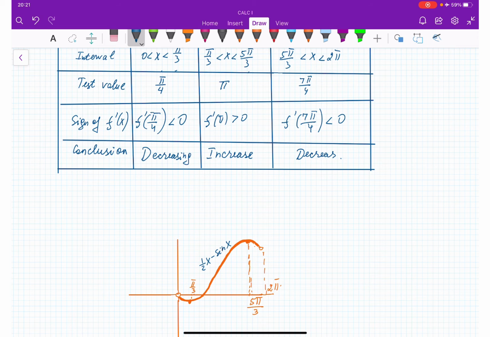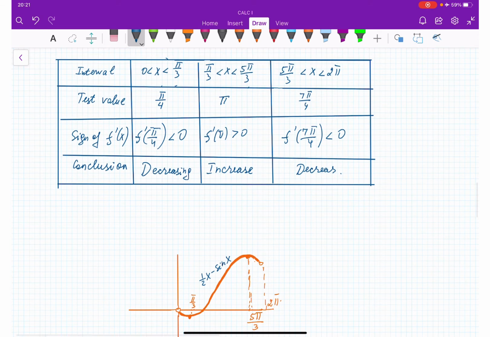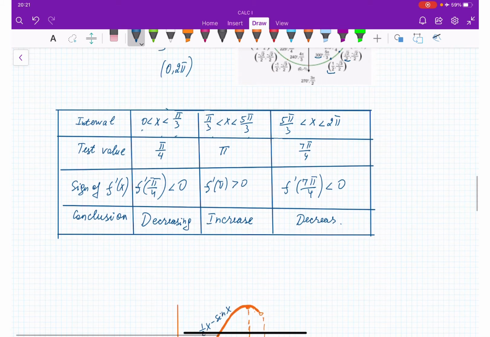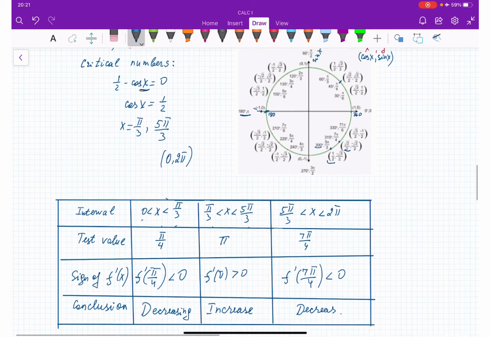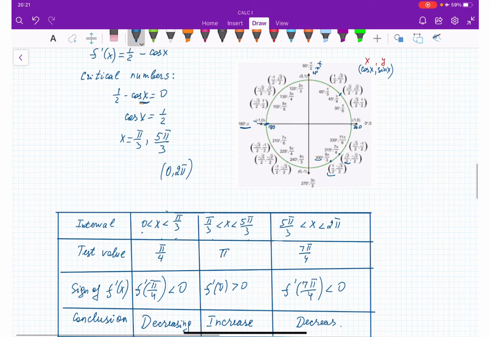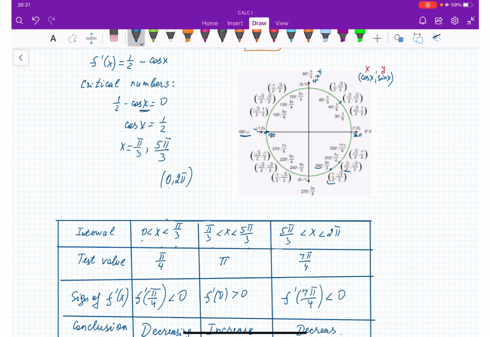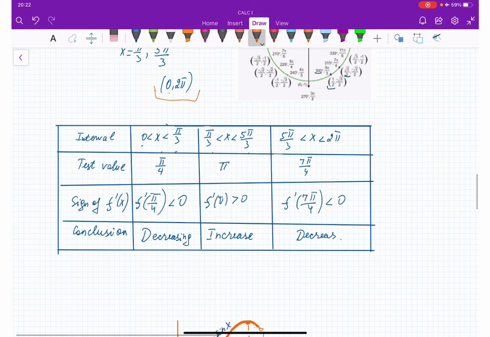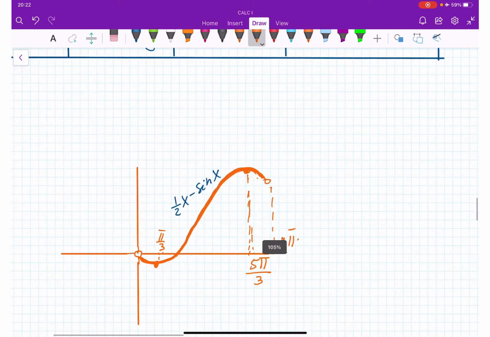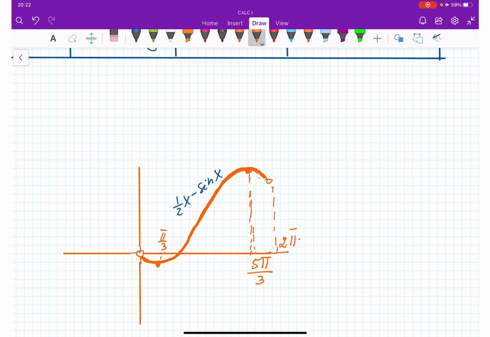What do we have? We have our critical points, pi over 3 and 5 pi over 3. Now, since it's on the open interval 0 to 2 pi, on the graph we have an empty circle, because it's an open interval.